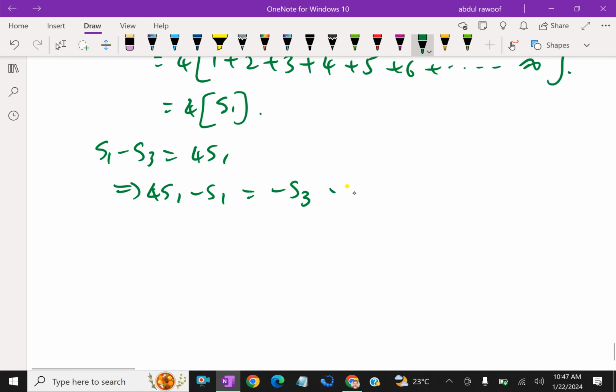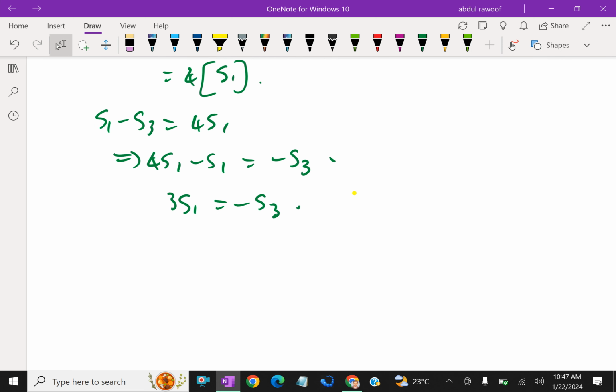That is, 3S1 equals minus S3. Therefore S1 equals minus S3 over 3.